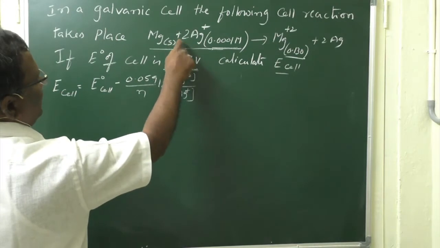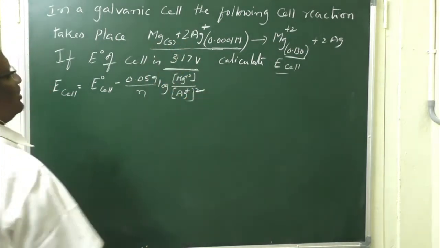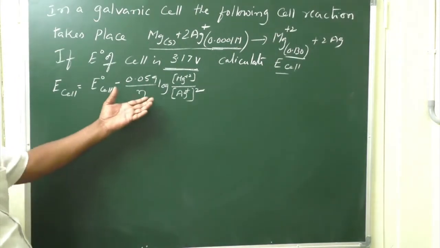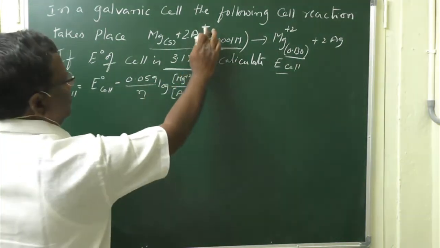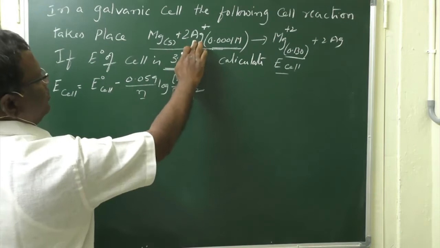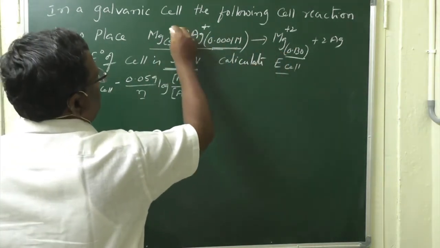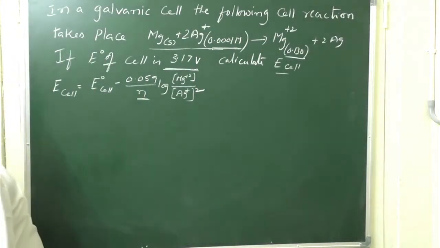Here according to the balanced equation, 1 mole of Mg is reacting with 2 moles of Ag+ ions, so it will become Ag+ ions whole square. Now on substituting these values, n, the number of electrons involved, is 2, because 2 Ag+ is converted into Ag, and Mg is converted into Mg2+. So in both the cases 2 electrons are involved, so n is 2.